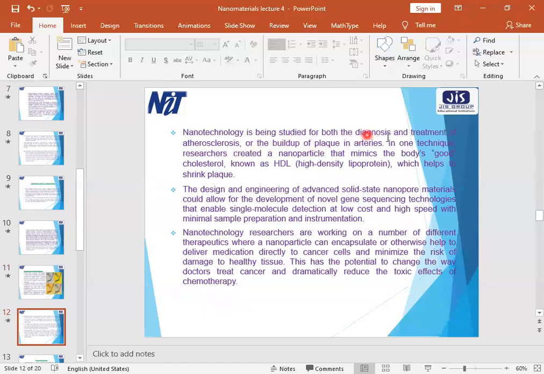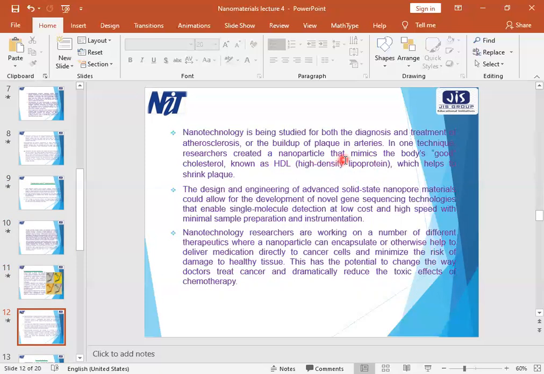Nanotechnology is being studied for both the diagnosis and treatment of atherosclerosis, or the building up of plaque in arteries. If there is plaque, that can be corrected with the help of nanotechnology. In one technique, researchers created a nanoparticle that mimics the body's good cholesterol. We know that HDL, high density lipoprotein, is good cholesterol.